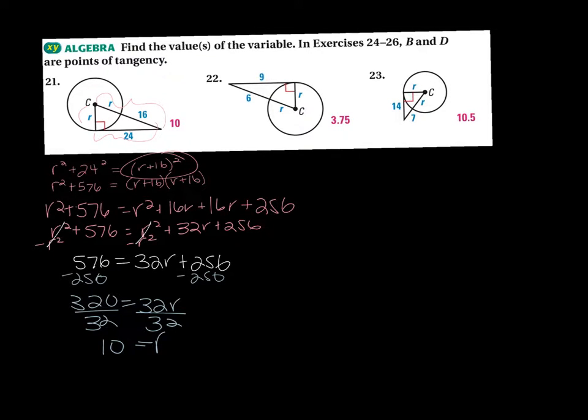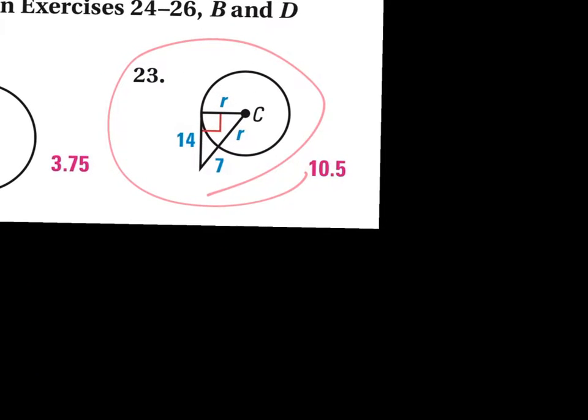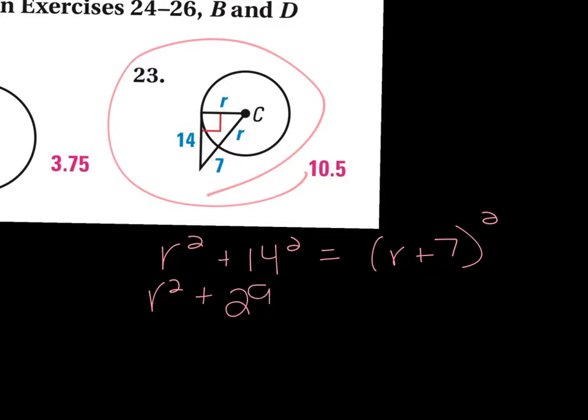So the same thing is going to happen with 23. I would set it up the same way. This would be r squared plus 14 squared should equal r plus 7 squared. R squared, and this is 196. R plus 7, r plus 7.